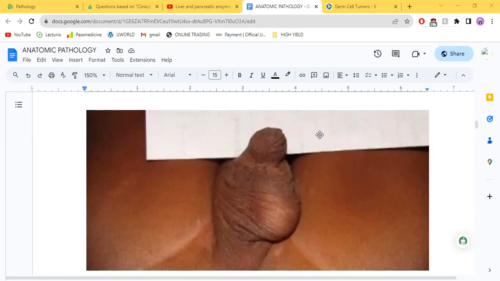So these people might have infertility issues, and it's not because the Leydig cells are not working or because you don't have testosterone. It's just because there's no optimum production of sperm, because the temperature inside is pretty high and does not favor production of sperm. Now there's a question.